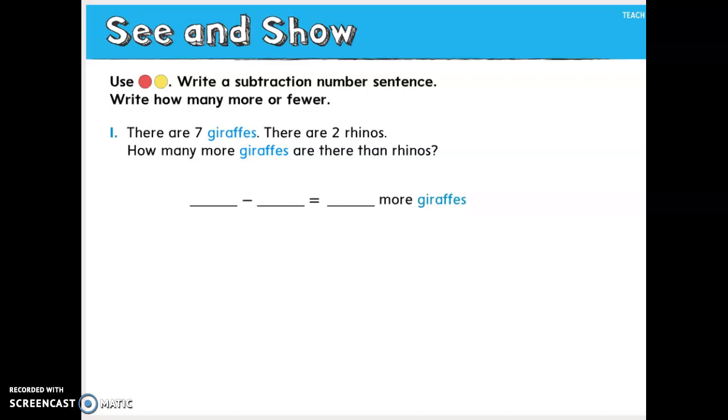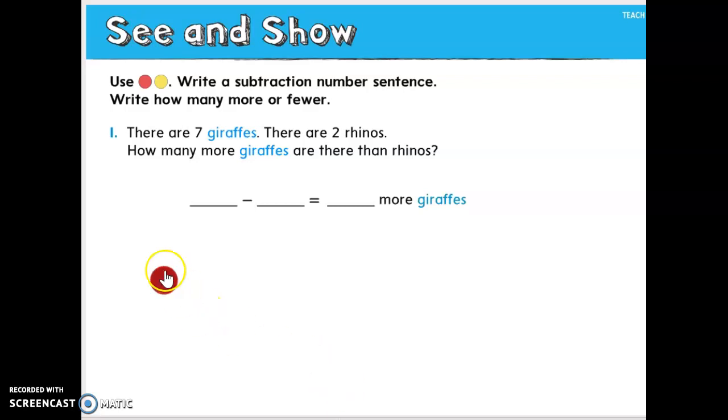Okay, it says to use our colored dots to write a subtraction number sentence. So if you have your dots, you can take those out, boys and girls. So I'm going to see if I have my dots here. I do. All right, so the question is asking us to write a subtraction number sentence, write how many more or fewer. All right, so there are 7 giraffes.